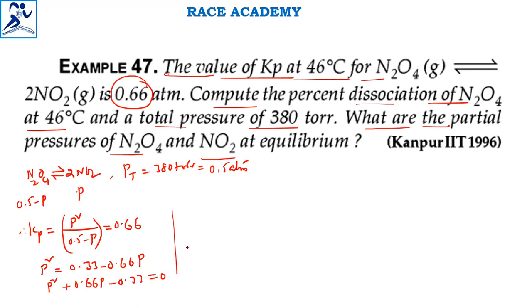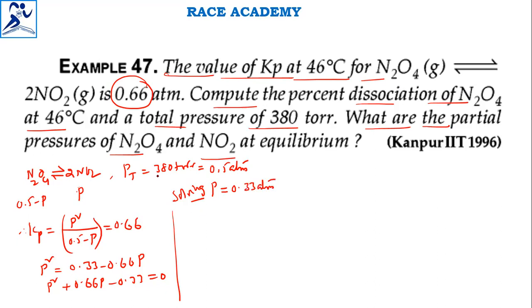For this, if you use the quadratic expression and solve, you will get the P value, which is equal to 0.33 atmospheres.